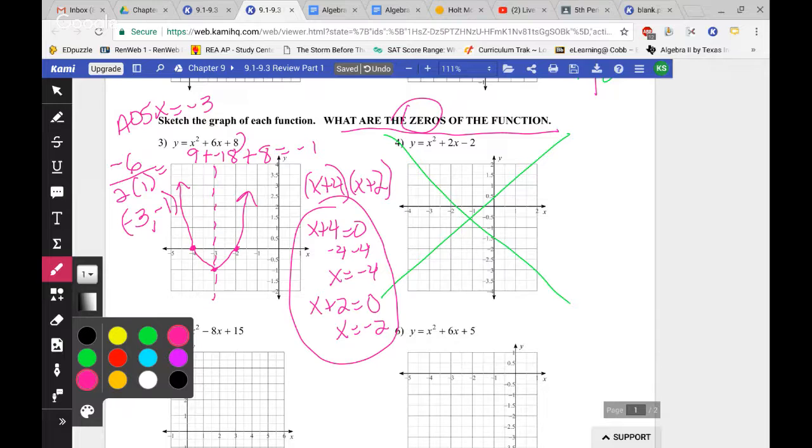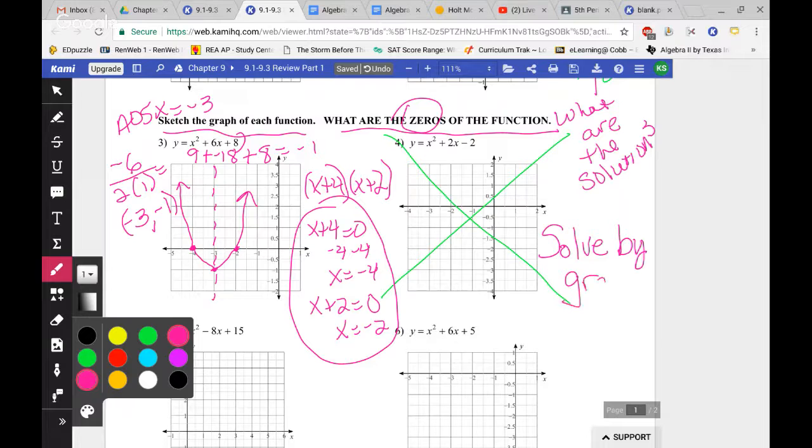And the other way that it could be asked is, what are the solutions, or solve by graphing? It might actually say, if I'm remembering correctly, on the quiz, solve by graphing.